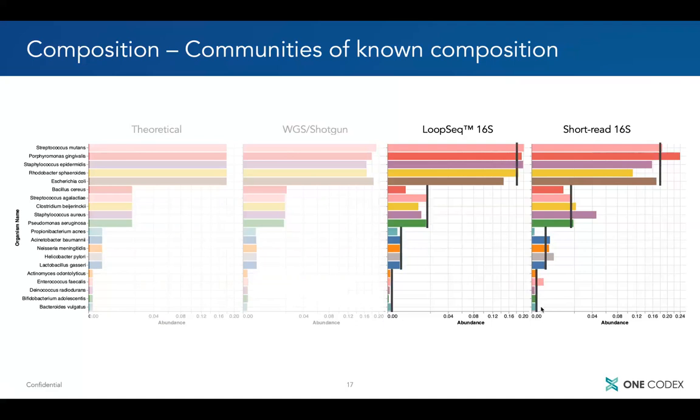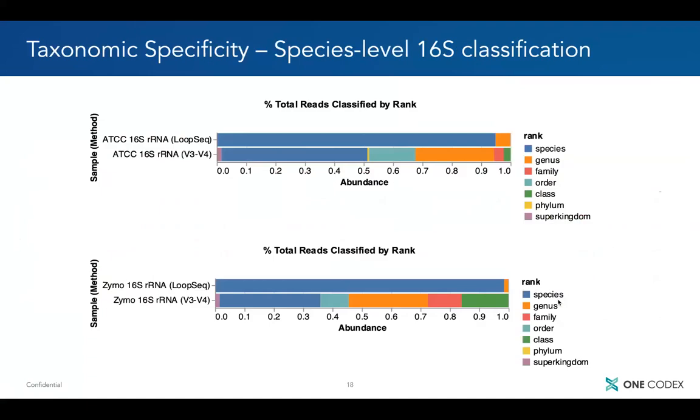Here I'm overlaying what's expected, and you can see this visually, where some things are being amplified up and we're seeing more of them than we would expect. We're seeing gaps, and then things bleeding in, and it's unclear what the actual abundances are. So compositionally, we're losing a lot of the picture about what that community actually looks like and the relative abundances of these organisms to one another with the short read 16S data.